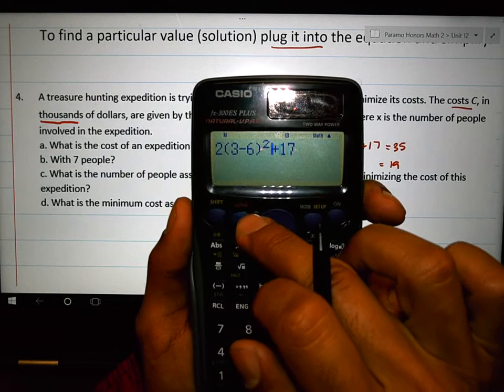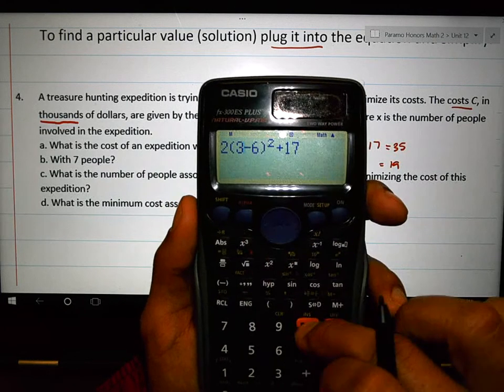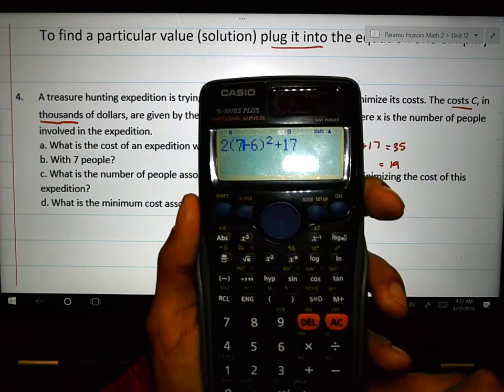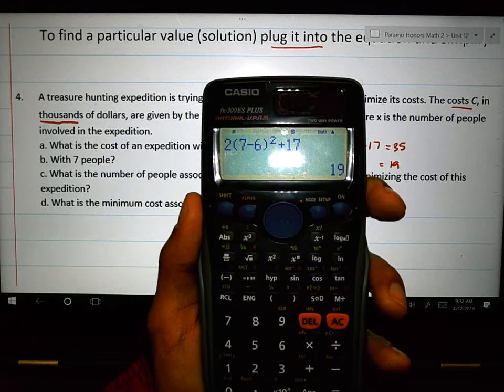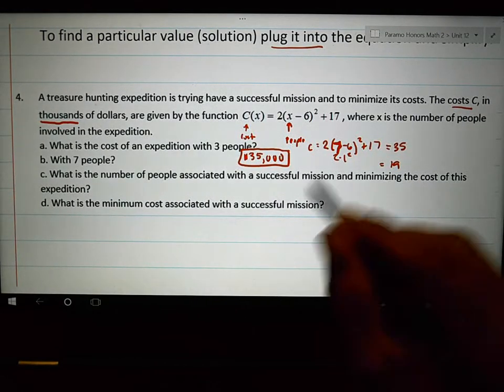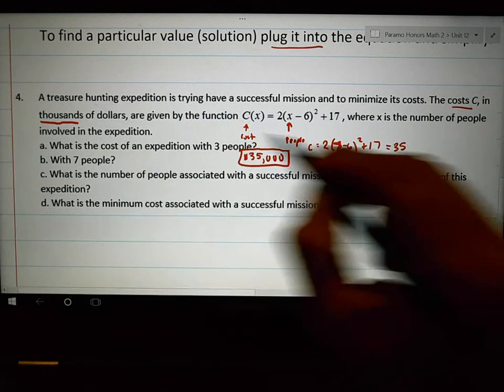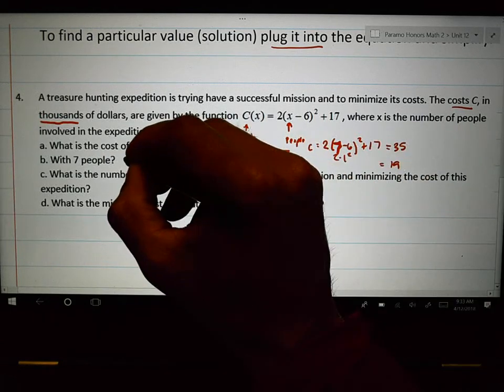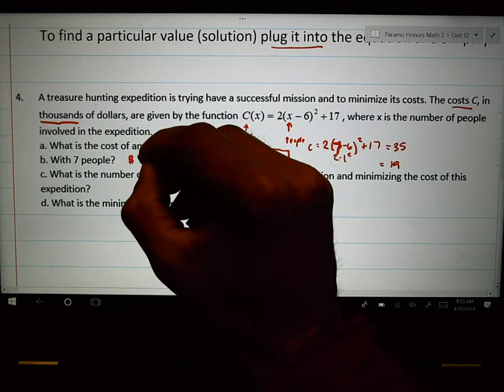A lot of times I like to go up here and just change, delete the, put a 6. Yep, got 19 again. And it's in thousands of dollars. This is $19,000.